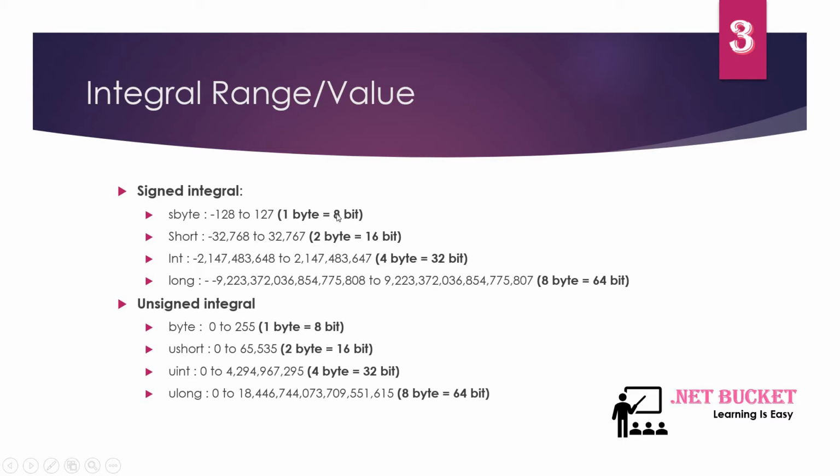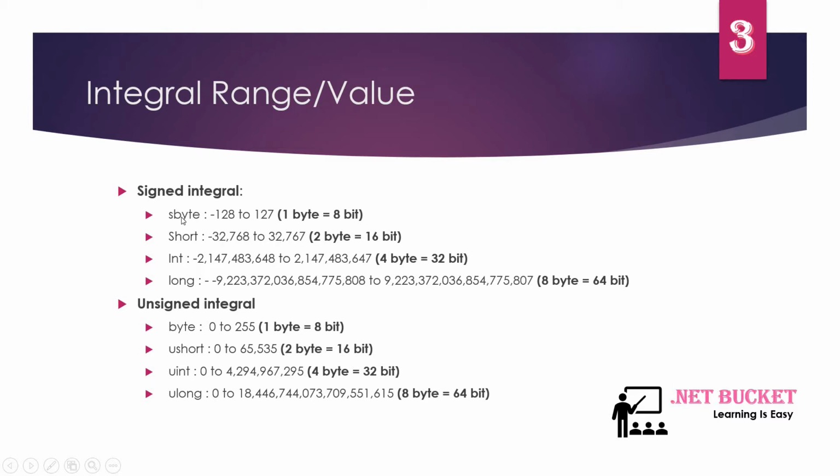So the rule is simple. If it is 8 bit, its range will be -2 to the power 7 to +2 to the power 7. If it is short, which is 16 bit, its range will be -2 to the power 15 to +2 to the power 15. Remembering these numbers will be really tough.